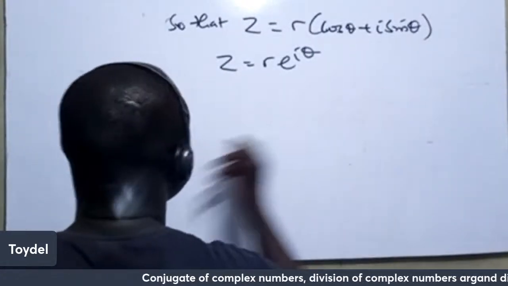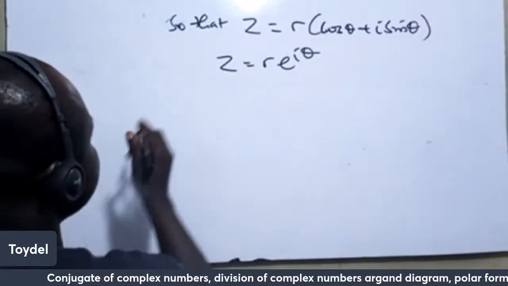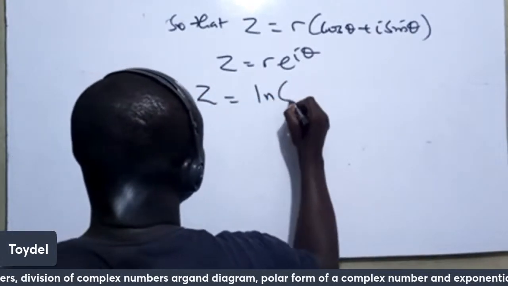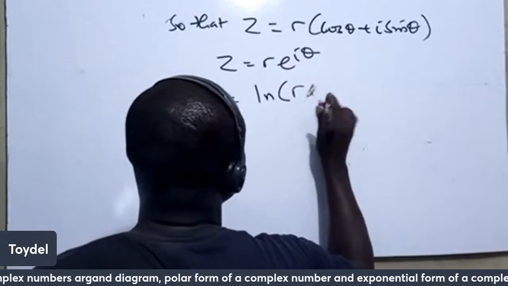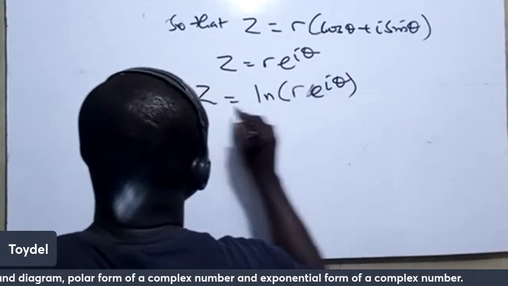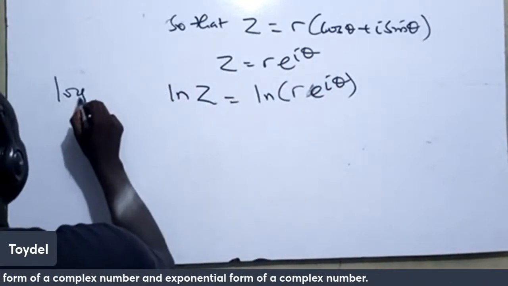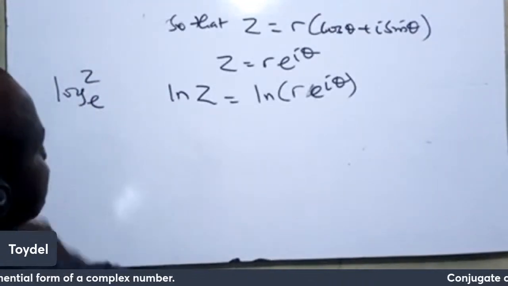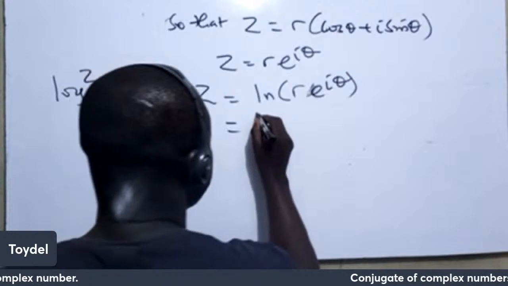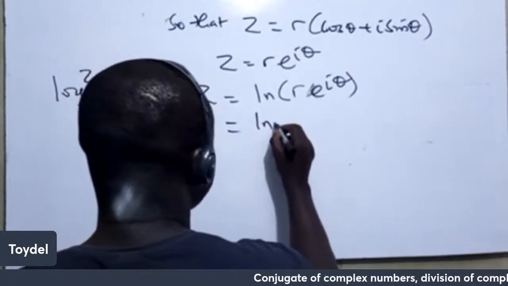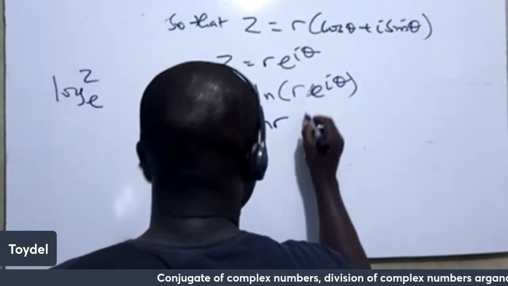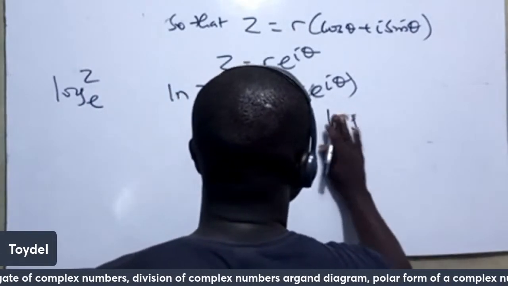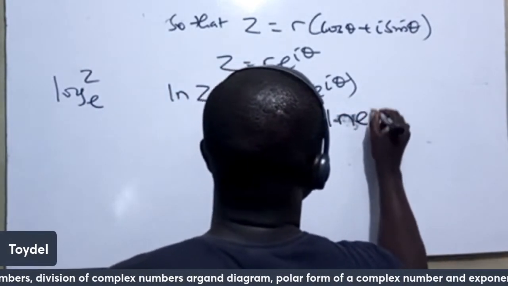Then if we take the ln, which simply means natural logarithm, of both sides, ln z is going to give us ln(r e^(iθ)). ln simply means log base e, the natural logarithm. This product we can separate as ln r plus ln e^(iθ).